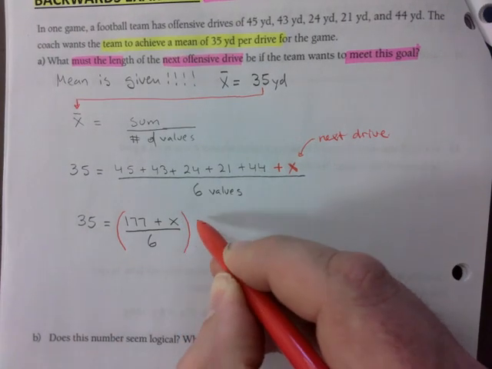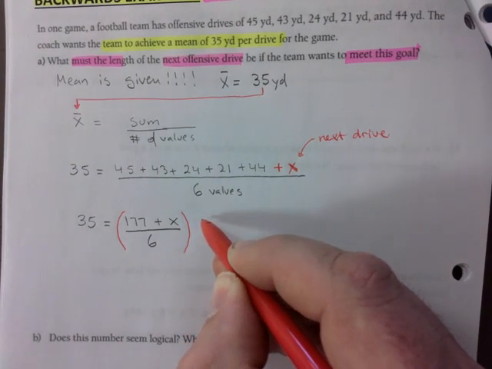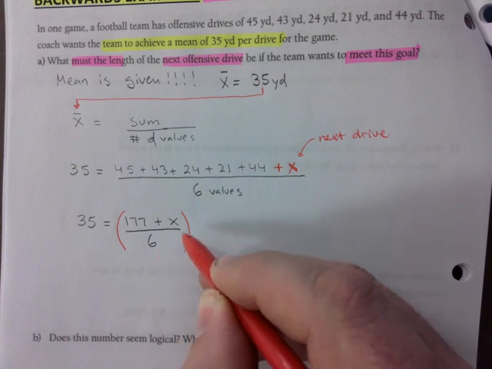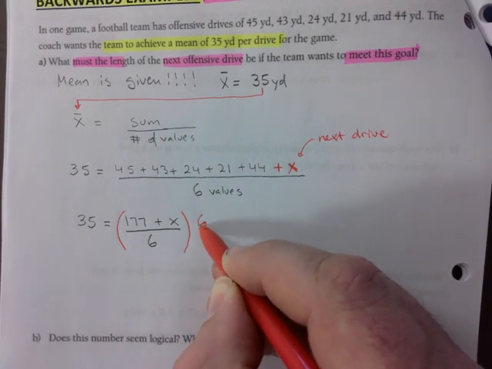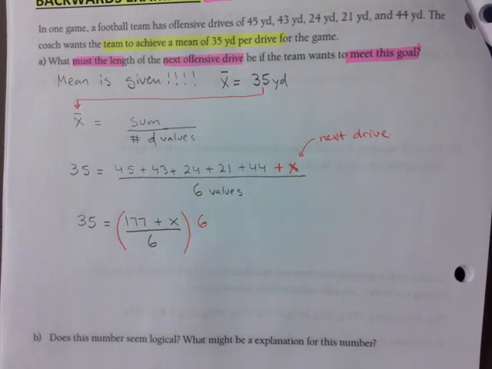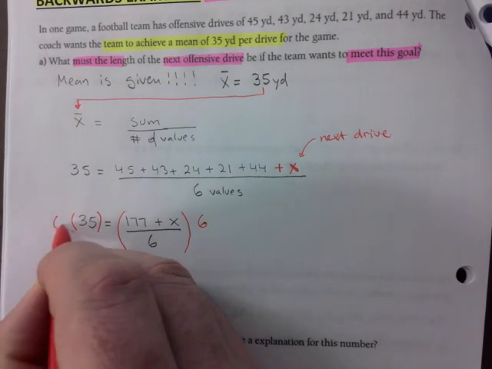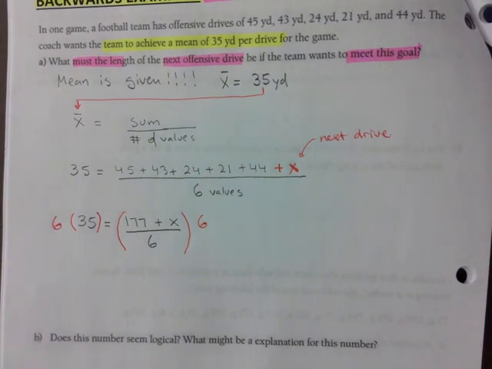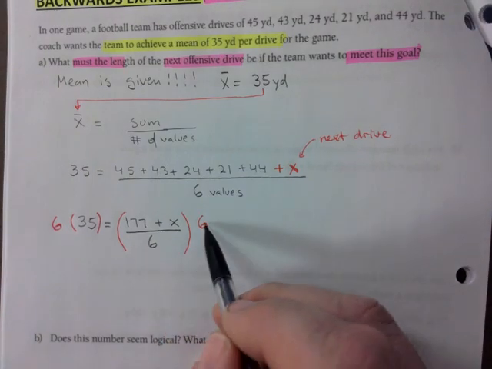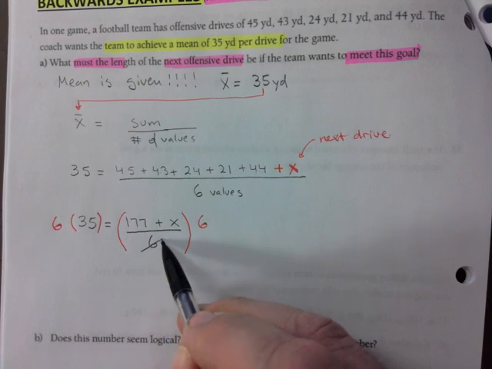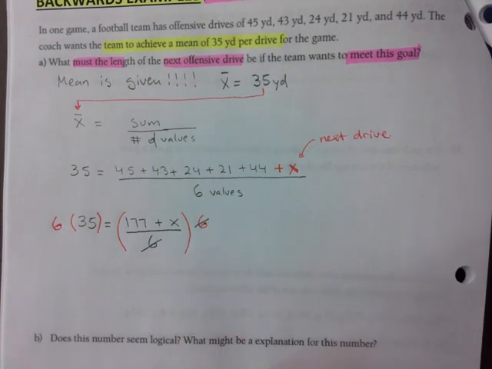I'm going to multiply it by, how do I get rid of dividing by 6? Multiplying by 6, you're right. Can I only do it to one side? No. I need to go, oh, times 6? Well, let's do it to both sides, or else it's not going to be balanced. What do I get to do with these two numbers? It's so satisfying. Did you know that they actually don't cancel?